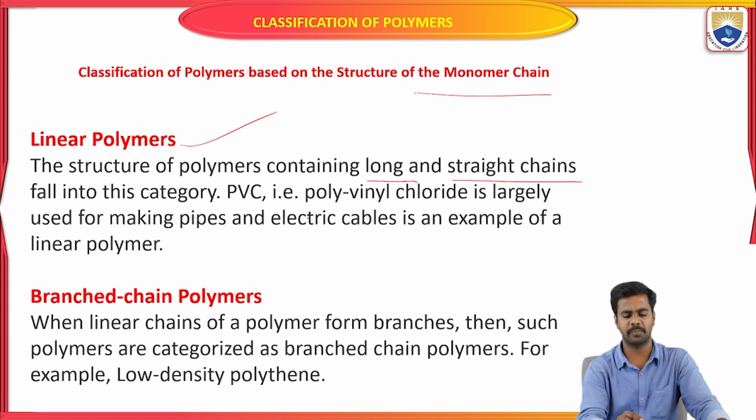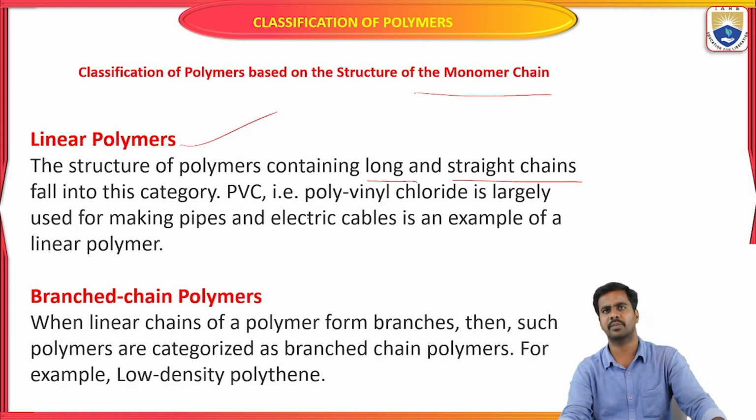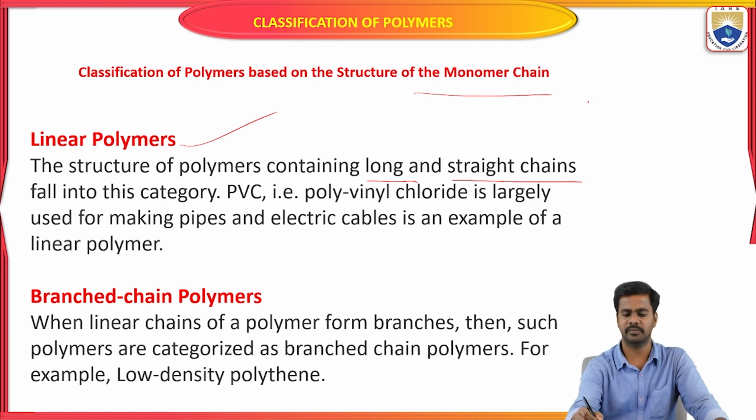For example, if you take PVC, polyvinyl chloride, which is largely used for making pipes and electrical cables, it is an example of linear polymers. Here the monomer is vinyl chloride. The structure of vinyl chloride is CH2=CHCl. A number of vinyl chloride molecules combine and undergo polymerization to form PVC.